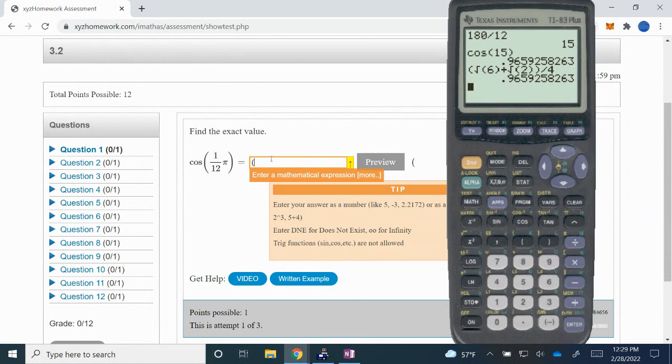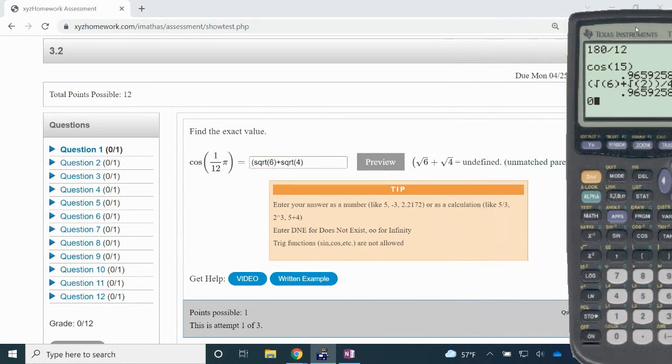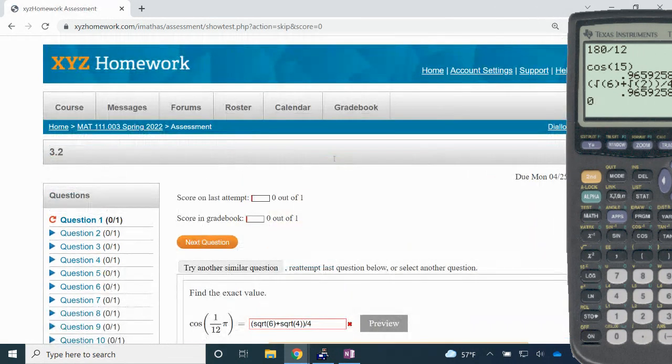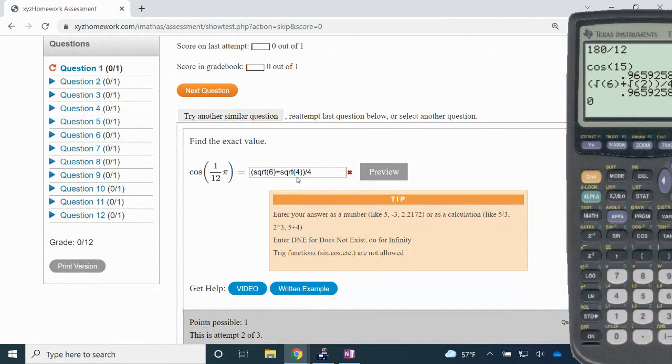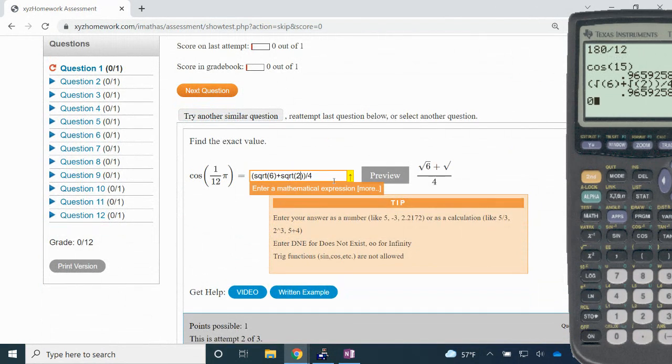So I'm going to hit a begin parenthesis for the numerator, put in the square root of 6 plus square root of 4, close off the numerator, and divide by 4. I'm sorry, that should be the square root of 2.